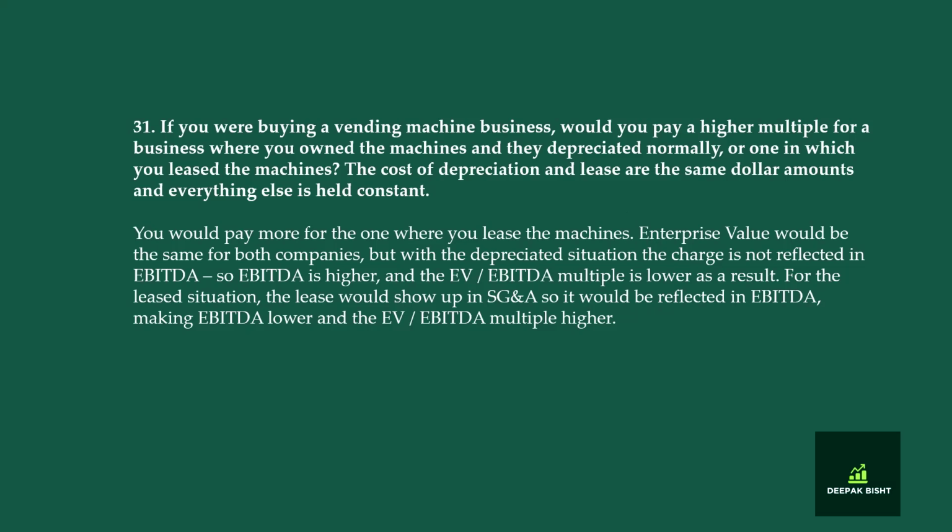So depreciation is a non-cash expense, which will later on be added back to the cash flow statement. And the other business where they are leasing, the expense will reduce from selling, general and administration. In the income statement, the location will be below EBITDA for business A, and for business B, it will be above EBITDA.